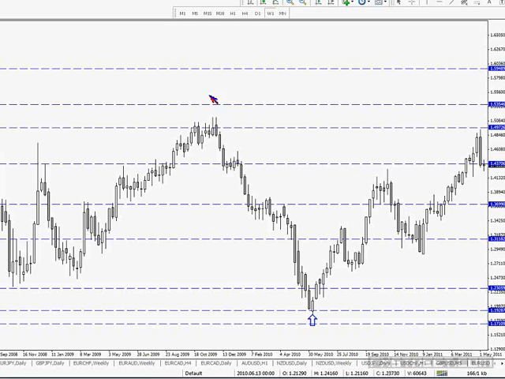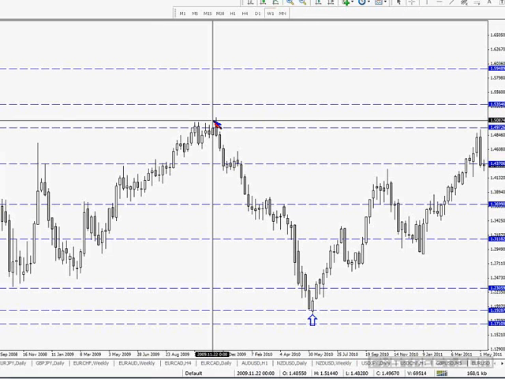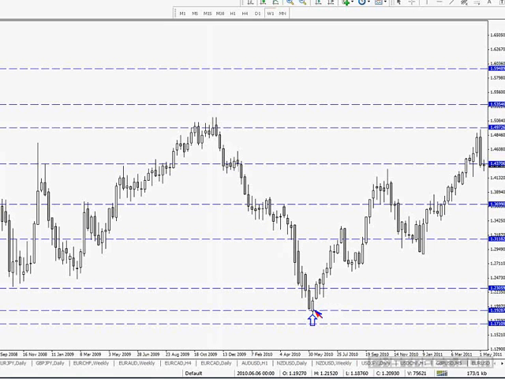The market came all the way down. How many pips was that? The market came all the way down here, and that's 3,000 pips. Yeah, over 3,000 pips. And guess what? It stopped right there at 119.28.